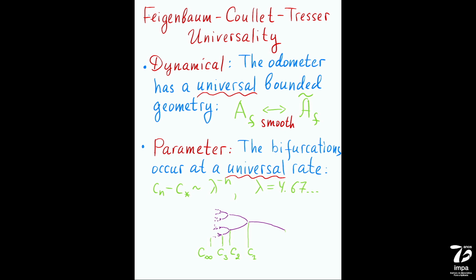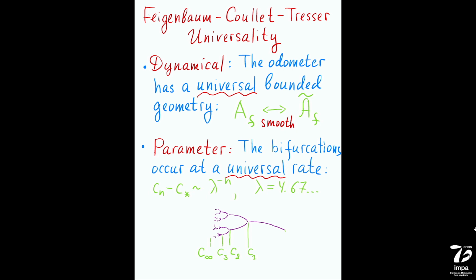It is preserved not only topologically but geometrically. So the conjugacy between such two odometers is smooth. The small-scale geometry of these odometers is asymptotically universal. It does not depend on the particular unimodal map in question.